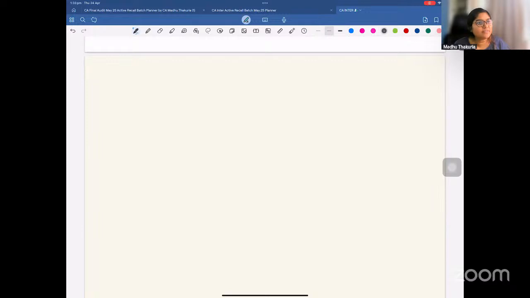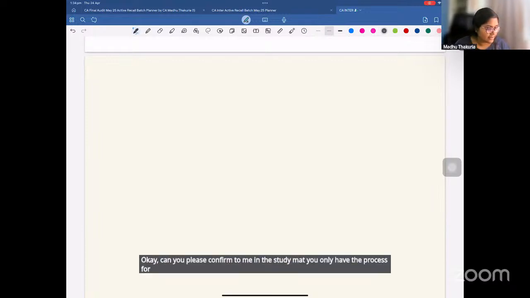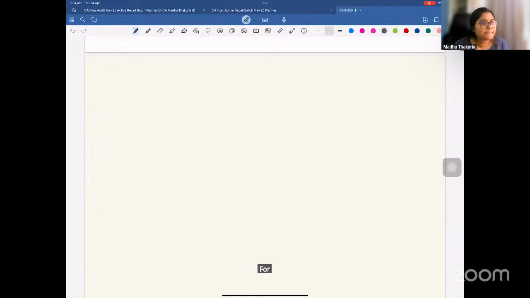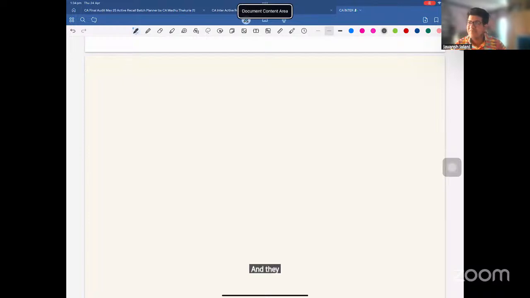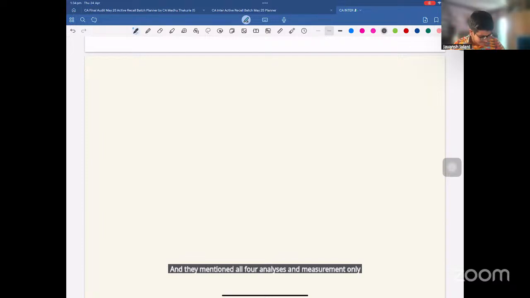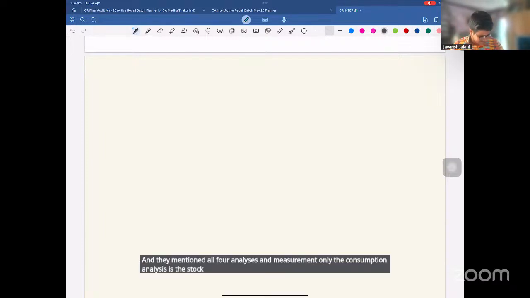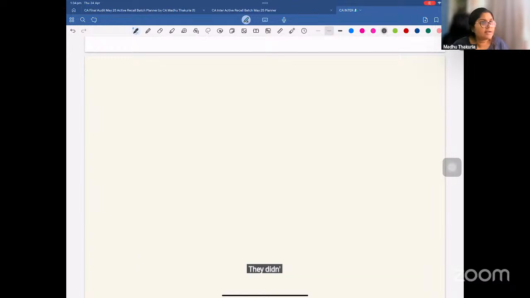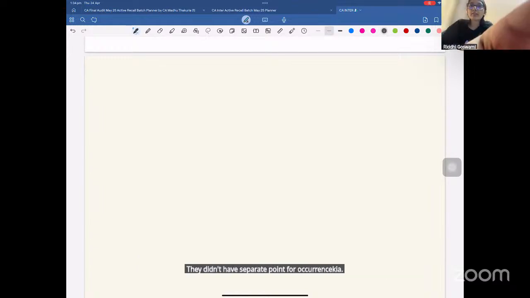Okay, can you please confirm to me, in the study material you only have the process for occurrence and completeness for purchases? Or did they mention separately anything for measurement? They mention all four analyses in measurement only: the consumption analysis, the stock composition analysis, ratios and reconciliation. They didn't have a separate point for occurrence? No, ma'am, we have a separate point for occurrence.